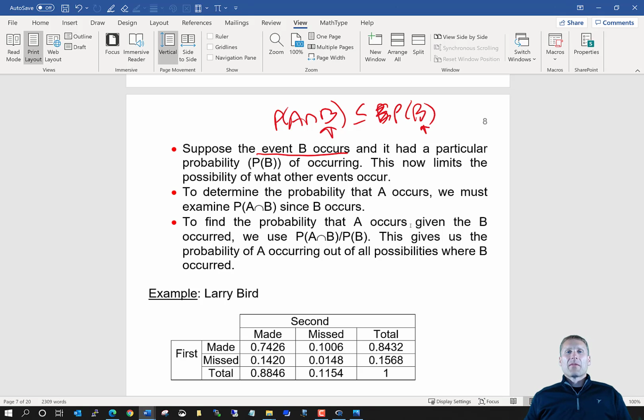So essentially you're looking at what proportion this probability of A intersect B is in comparison to the probability of B. Or in other words, how often does A occur given that B has already occurred, in terms of the probability that they jointly occur together, given that I know that B has already occurred?